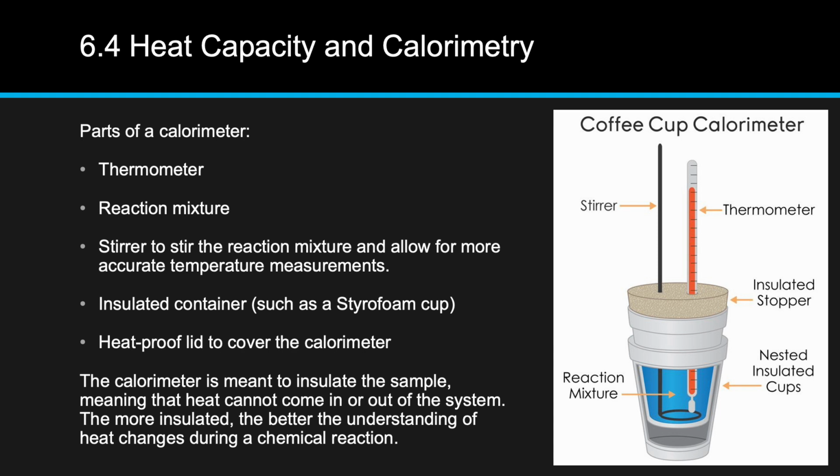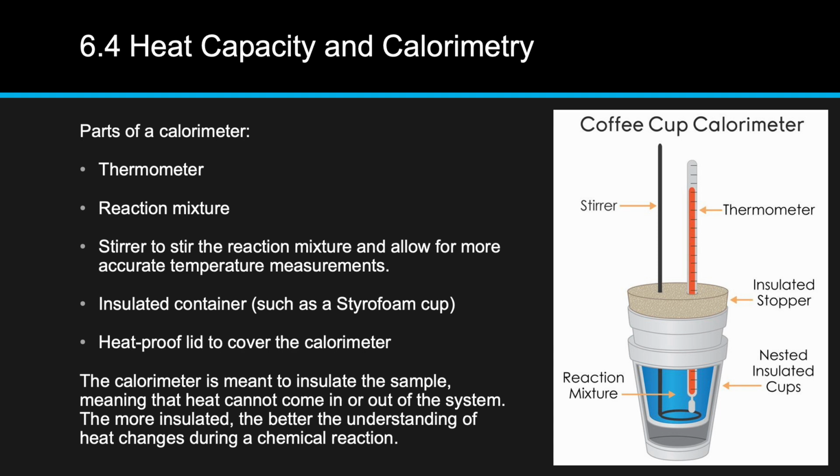So a coffee cup calorimeter is designed to measure heat flow by keeping the reaction as insulated as possible from its surroundings. Its main parts include a thermometer to measure temperature change, the reaction mixture where the chemical or physical process is going to occur, and a stirrer to keep the mixture moving so the temperature is uniform throughout all of the liquid. The reaction is held inside the insulated styrofoam cups.